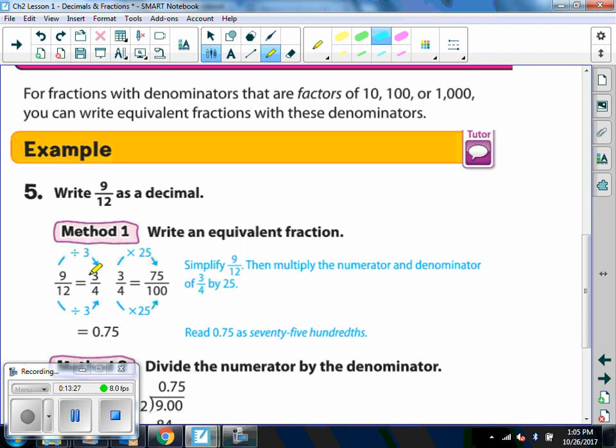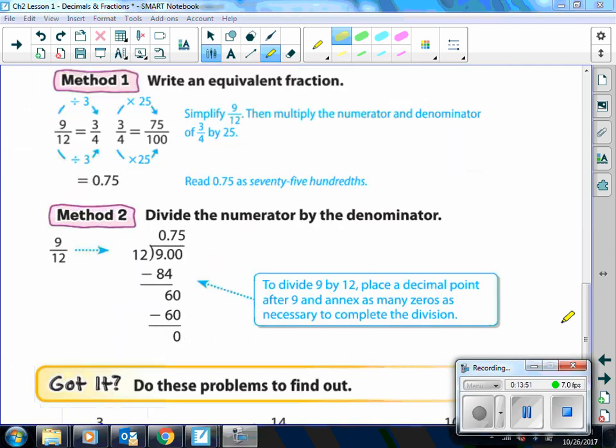Is everybody clear with that? So here we have 75 over 100, which is now 0.75. And then, of course, method 2, if you cannot scale forward or scale back, then you can always use long division and divide the numerator by the denominator. So let's do these got it problems, okay?